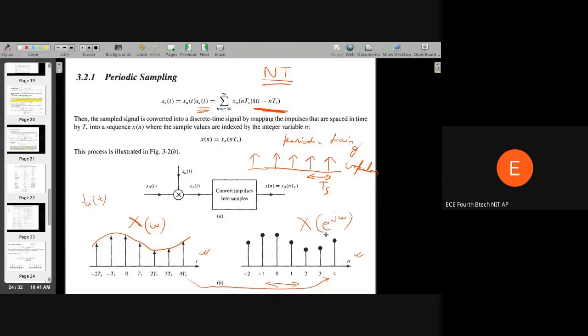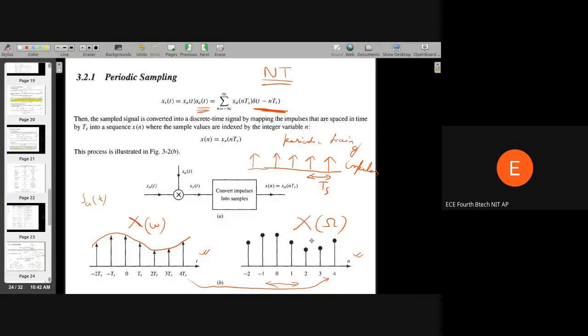Both will have the same Fourier spectrum, but the frequency axis will be different.